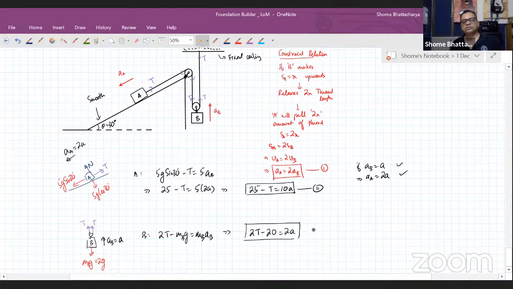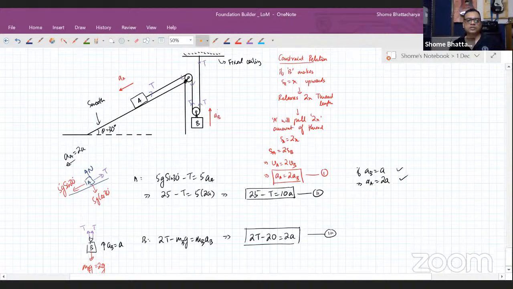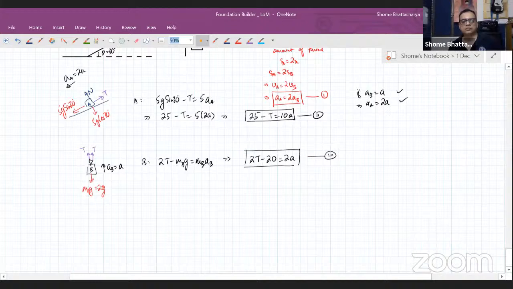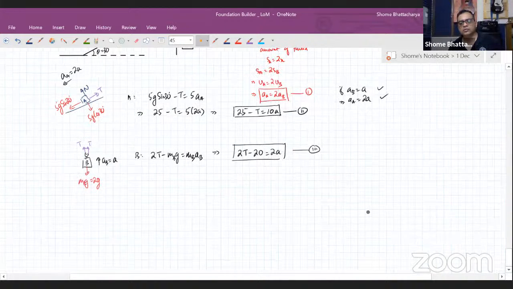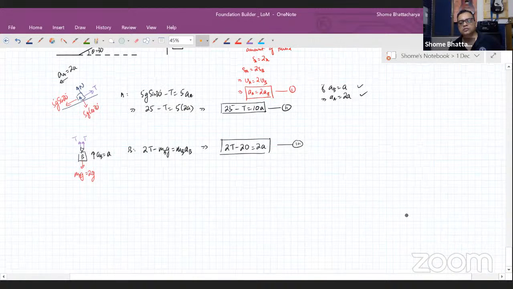So this is the third equation here. Now you have to solve these equations to find the acceleration of A.